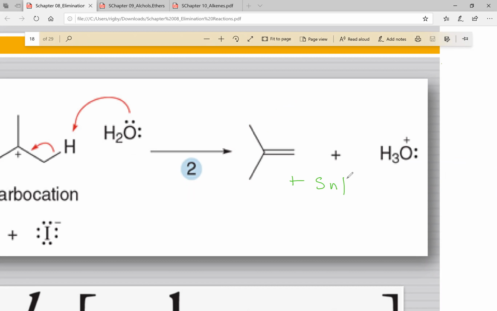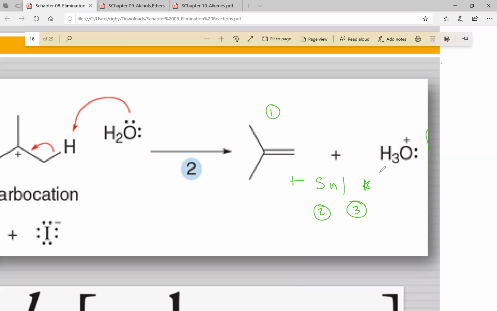So if we think about it, this reaction will have 3 products, because remember when we do SN1, we are going to have both an inversion and the same stereochemistry from before.